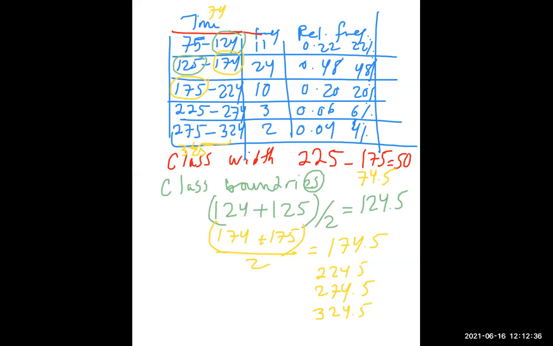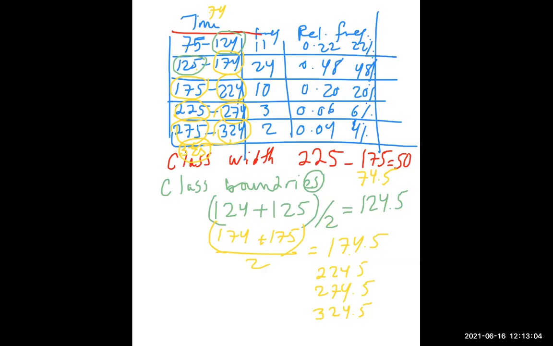You add them, you divide it by 2. Then the end of this class, the beginning of the next class, you add them, you divide it by 2. For every one, end of the one class, beginning of the next class, add them, divide by 2. Do you get that, Jennifer? And then if there was a class after, that would have been 324, 325, add, divide by 2.